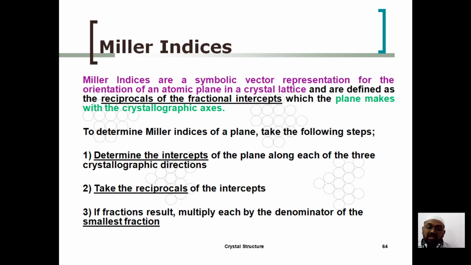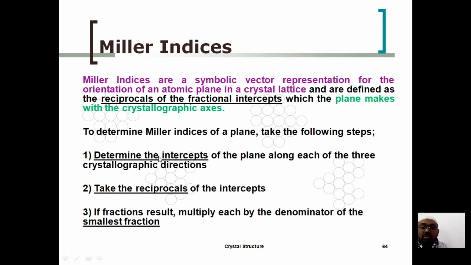When you assume a cube structure, the cube has 6 faces, and each face of the cube is considered to be a plane. If that plane is intersecting a particular axis, either the x-axis, y-axis, or z-axis, then you have to determine the intercepts of that plane along the 3 crystallographic directions or axes.